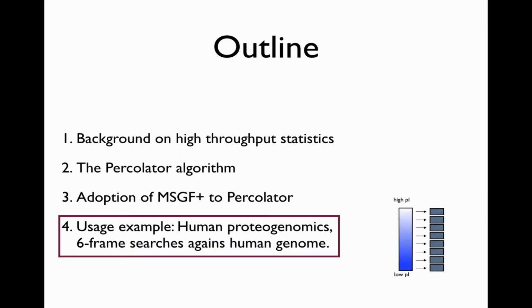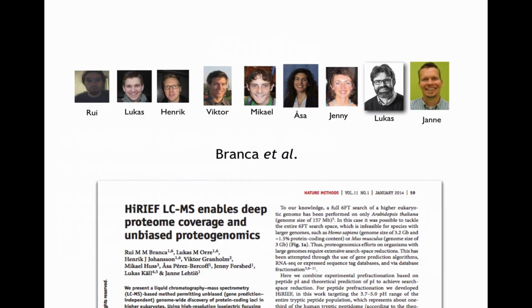So now let's move over to something a little bit different. It's about human proteomics. And this is a story about how we did 6-frame translation searches against the human genome with mass spec data. This is work that we did in collaboration with Jan Lehtiö's lab.